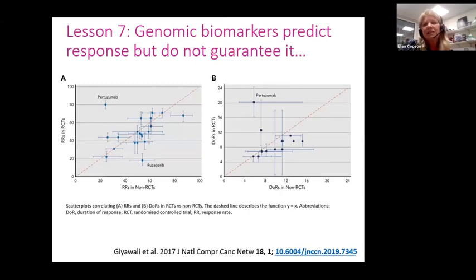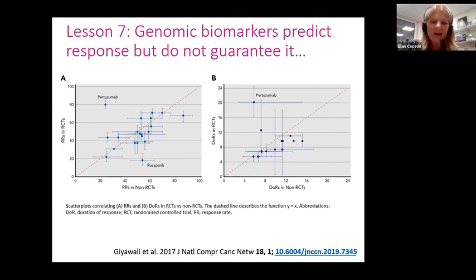And the last lesson, which as oncologists you will be familiar with, but I have spent a lot of time trying to explain to non-oncologists over the last few years, is that genomic biomarkers, as with all biomarkers we use, predict response, but they certainly don't guarantee it. I came across a really nice summary of response rates of targeted therapies with biomarkers.